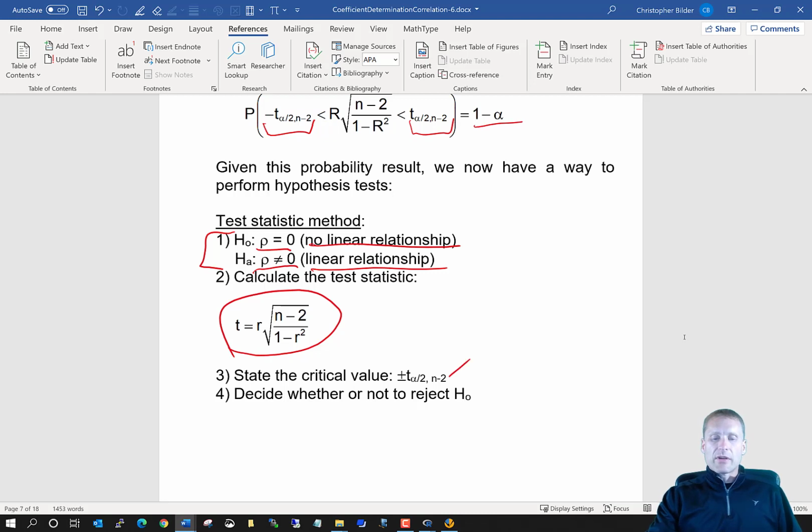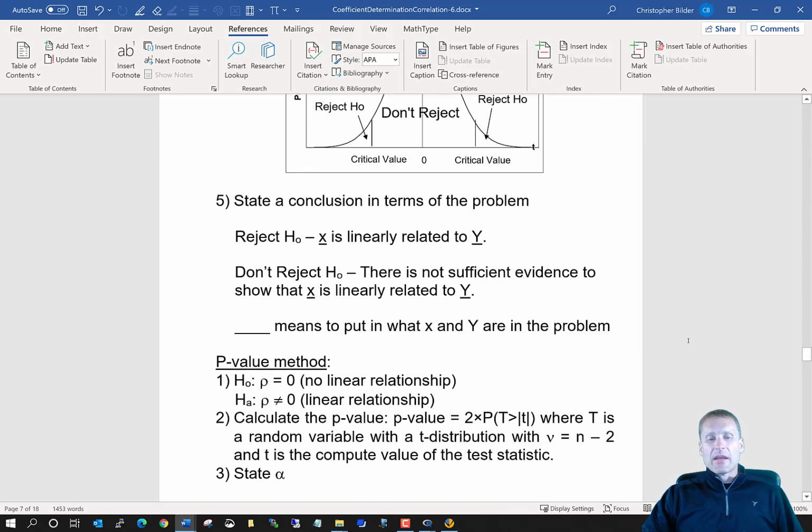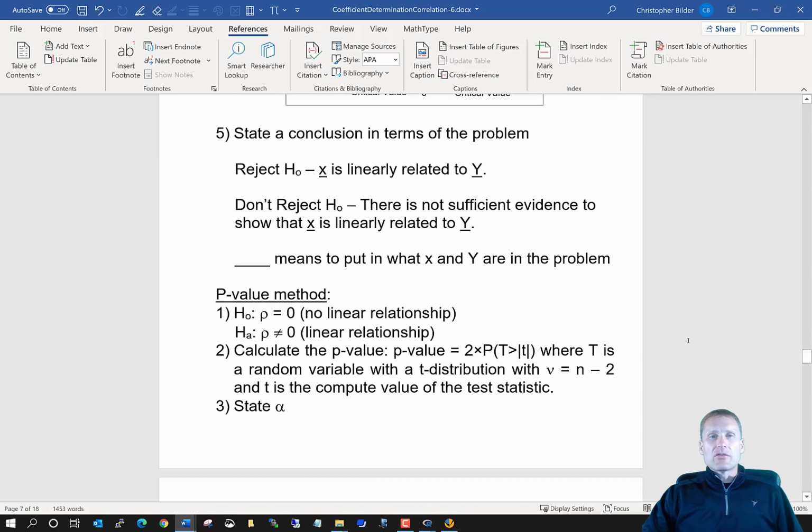We state critical values. We decide if we reject or don't reject H0, just like in any two-tailed test situation. And then state our conclusion in terms of the problem. Reject H0: yes, x is linearly related to y. Don't reject H0: well, there isn't sufficient evidence to show that x is linearly related to y.